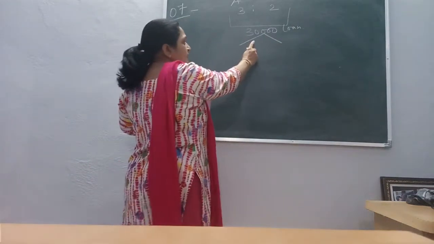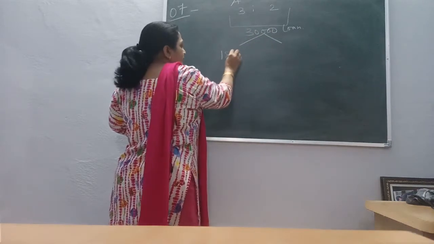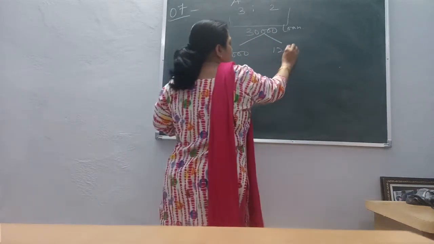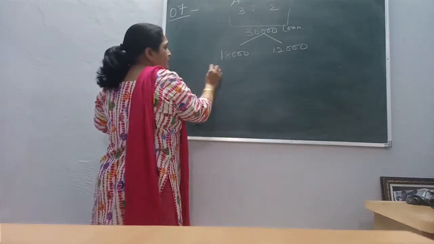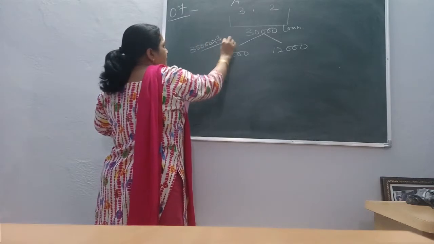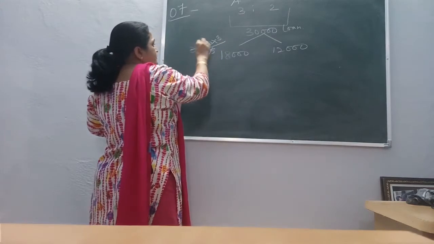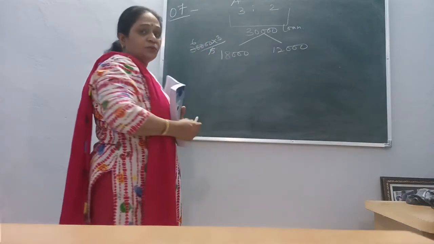So first of all, 30,000 will be divided in 3:2, which is 18,000 and 12,000. How did you get 18,000? 30,000 into 3 by 5. So 5 sixes are 30, 3 sixes are 18. Like this it is divided into two parts.